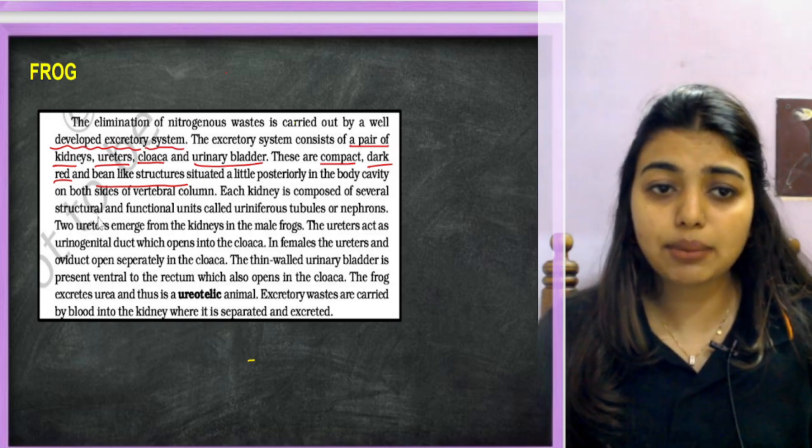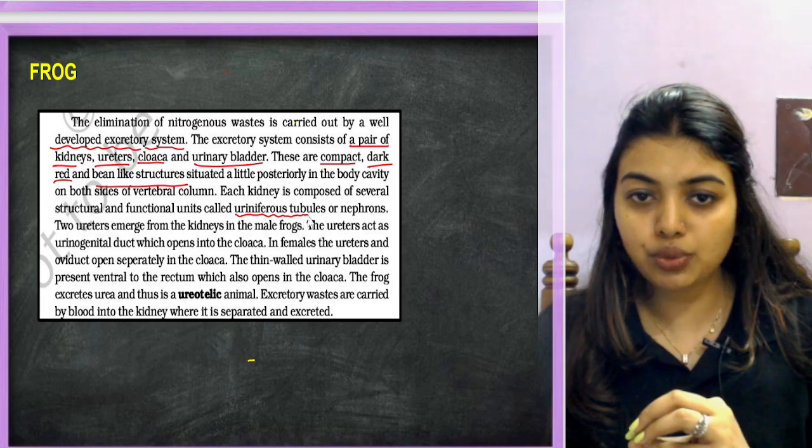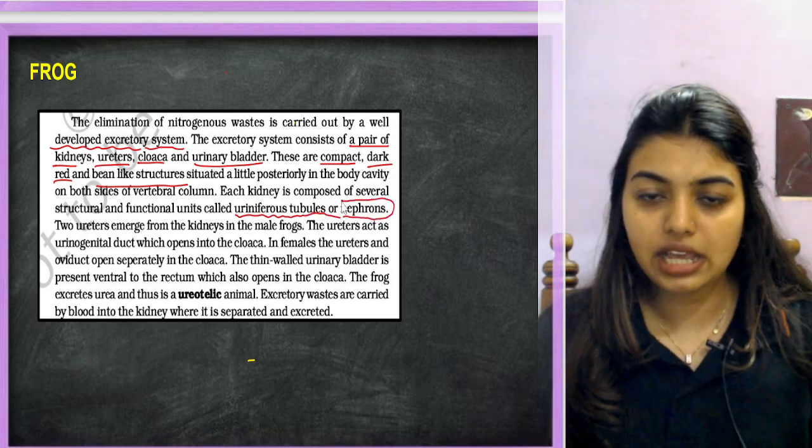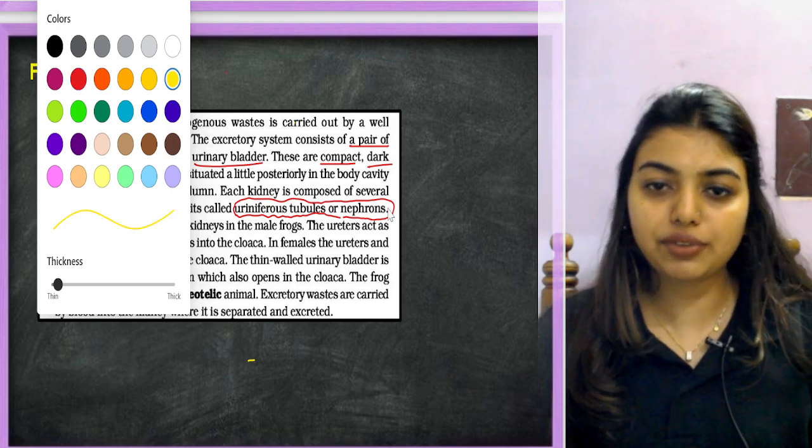Now each kidney is composed of several structural and functional units called uriniferous tubules or nephrons, right? We do not come across the word uriniferous tubules, but here they have used it.